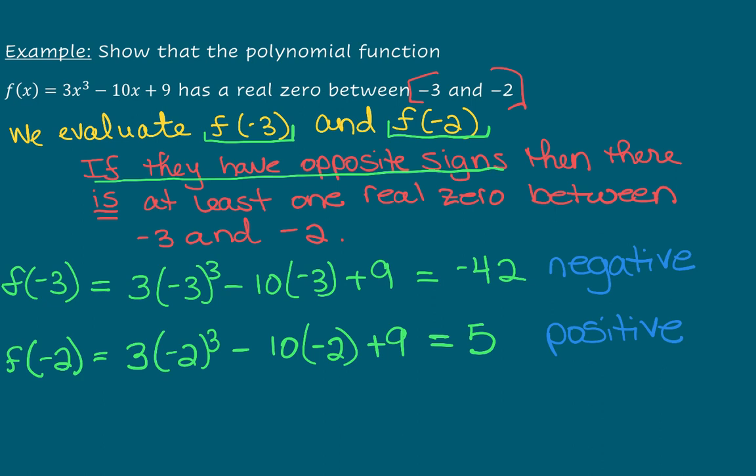So I changed signs. So I have negative here, and I have positive here. Therefore, I changed signs. So that means yes, I have at least one real zero between negative 3 and negative 2.